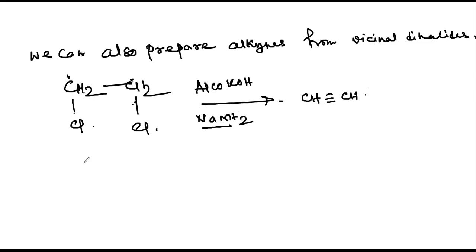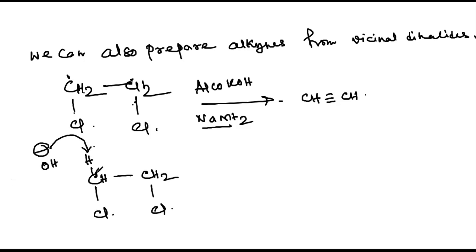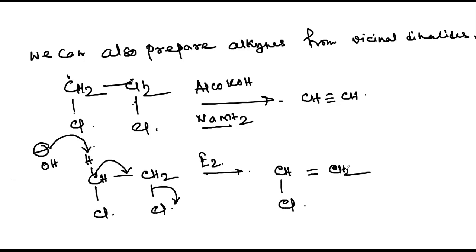So we'll see the mechanism here. OH minus, E2. This occurs by E2. So CH double bond CH2 with a Cl here.